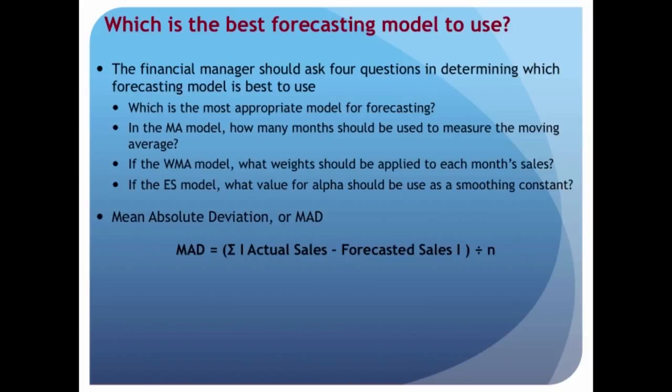This says that the mean absolute deviation is the sum of each of the 31 daily absolute deviations between actual sales and forecasted sales for the month of December divided by n, or 31 days in December. The best forecasting model to use would be the one that resulted in the lowest mean absolute deviation, reflecting the lowest error between forecasted sales and actual sales.